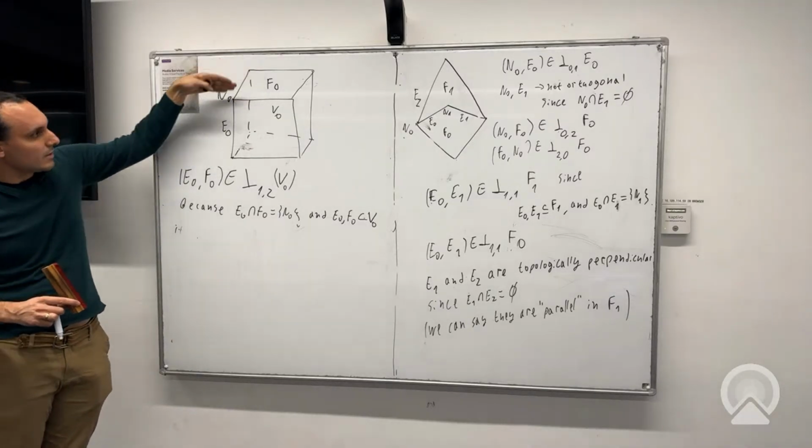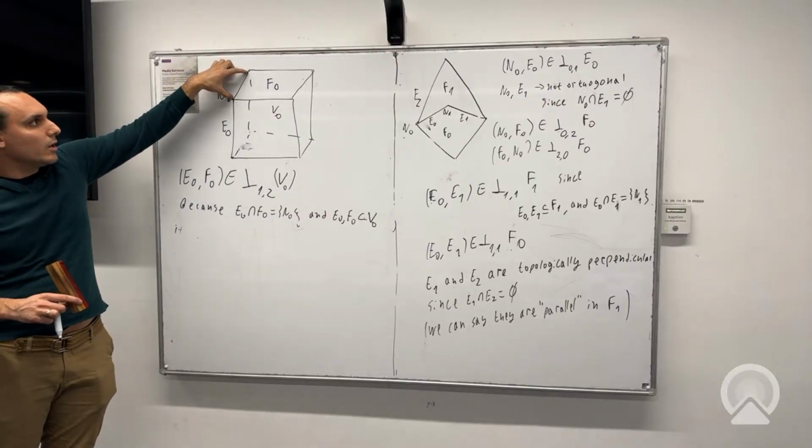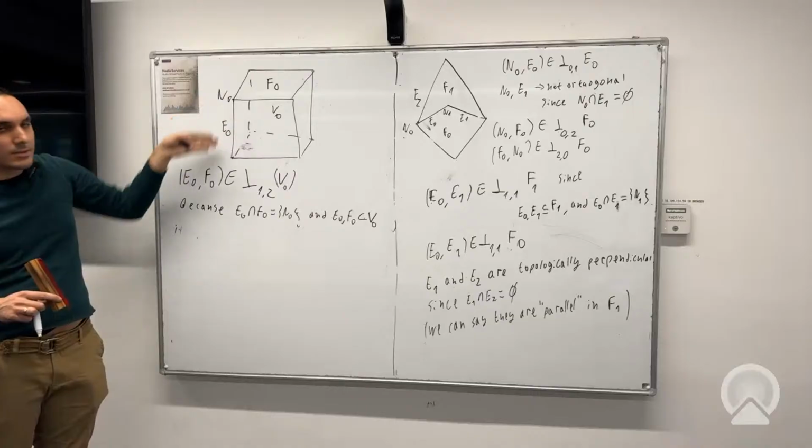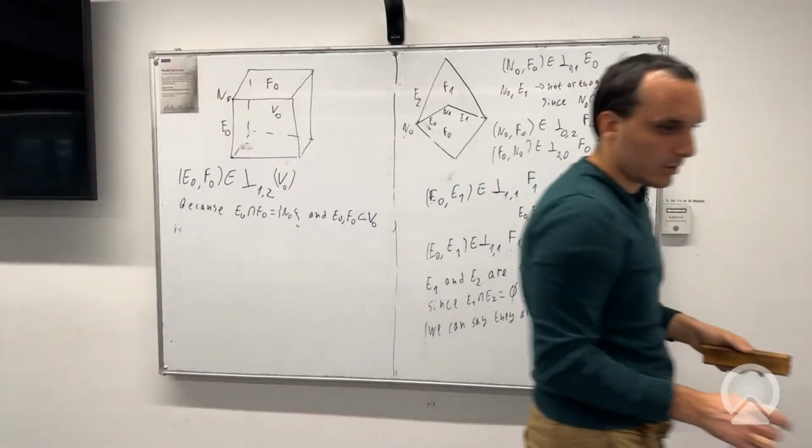This face and this edge are like X, Y, and this is Z direction. Okay, so let's make a break and I will define the product after the break.